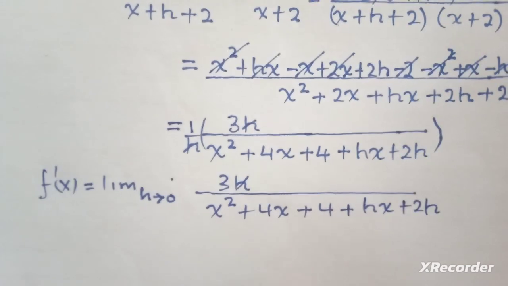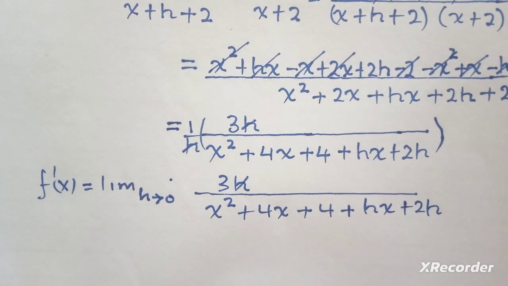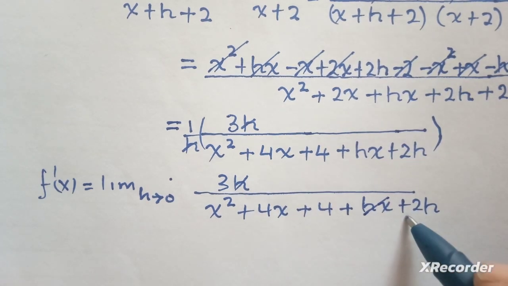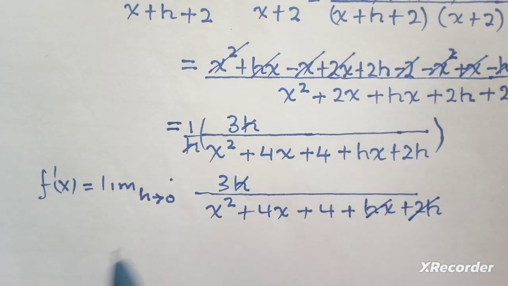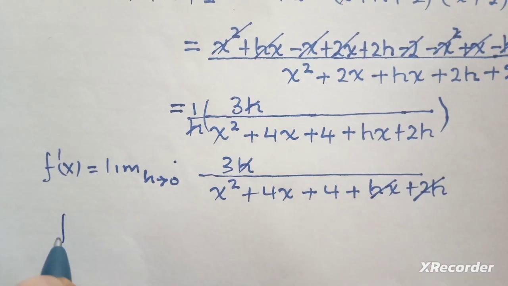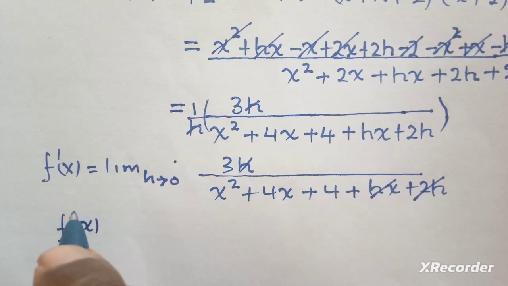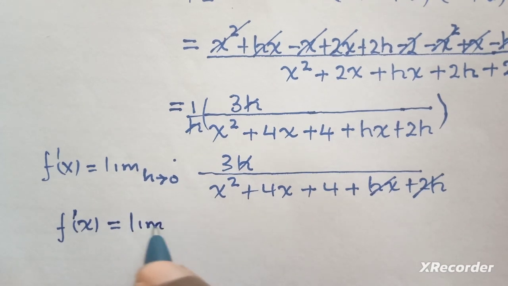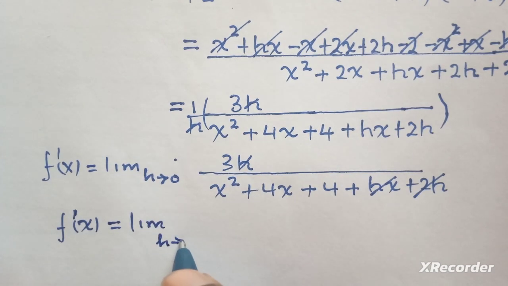So guys, we are going now to neglect all the terms with the h, because we know that h tends to 0. So this is going to be neglected and this is going to be neglected. So finally, guys, we shall have, let me write here, f prime of x, that is the first derivative of x, limit as h tends to 0.